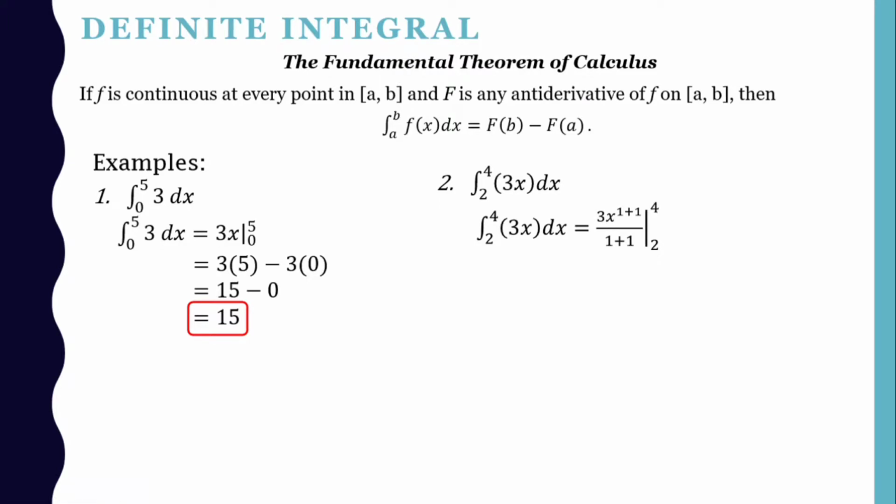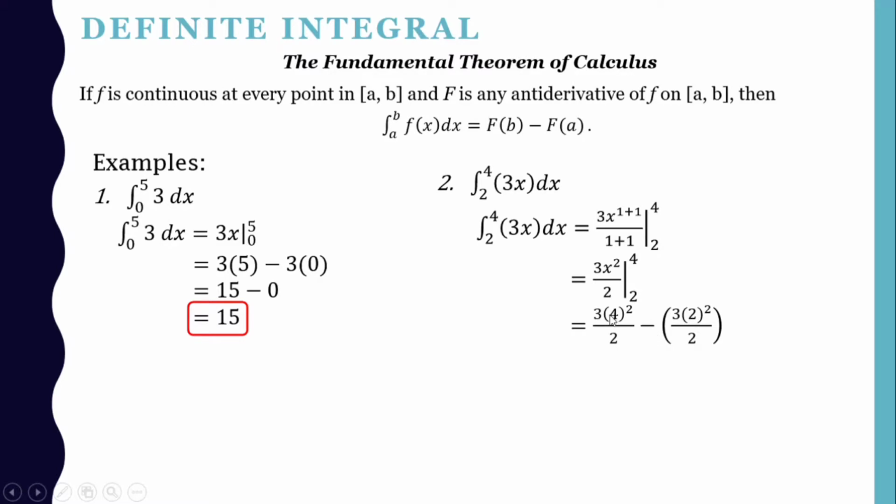So simplify, that's 3x squared over 2 from 2 to 4. Again, we substitute the upper limit first, minus we substitute the lower limit. So that's substitute 4 first. That's 3 times 4 squared over 2 minus 3 times 2 squared over 2.